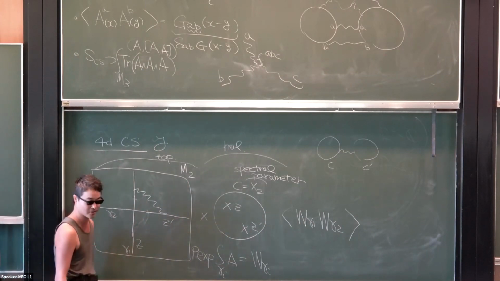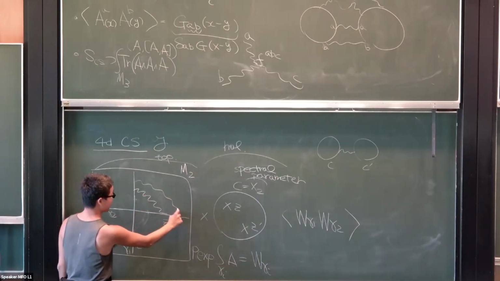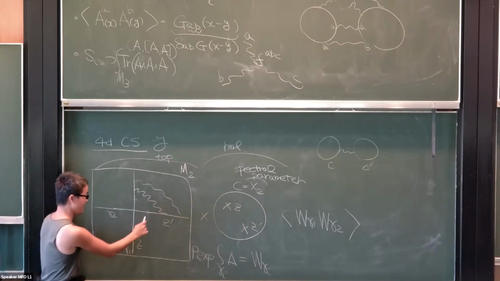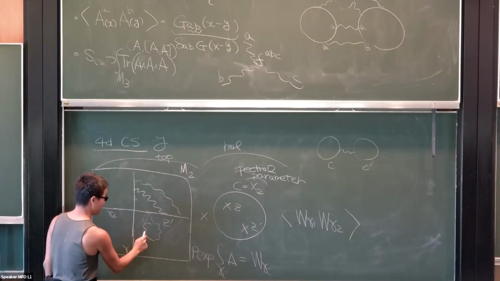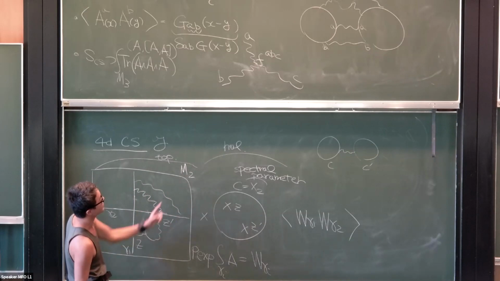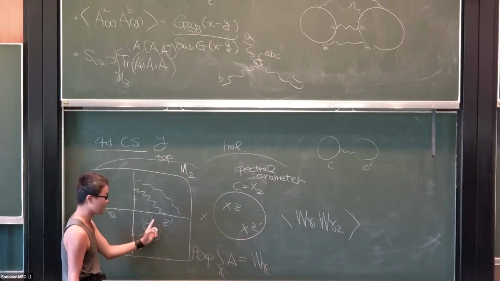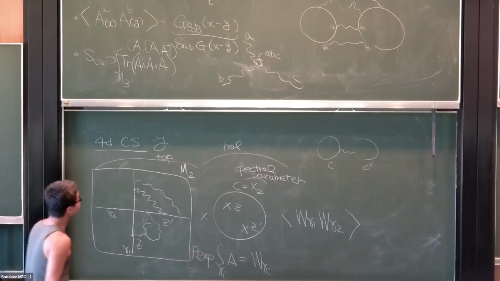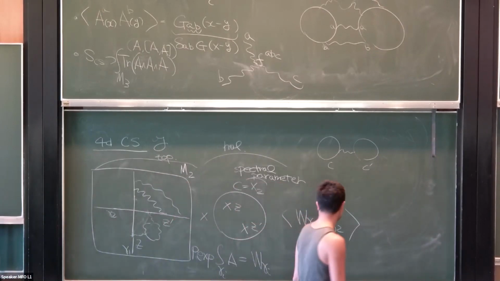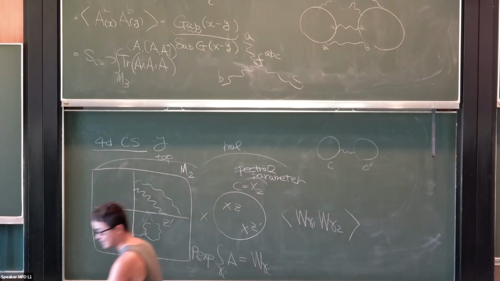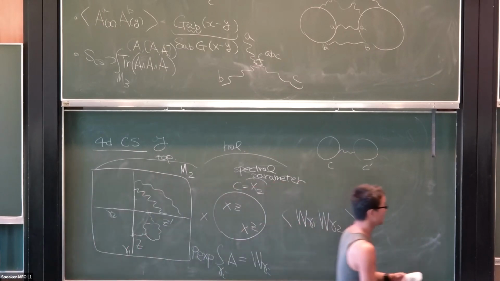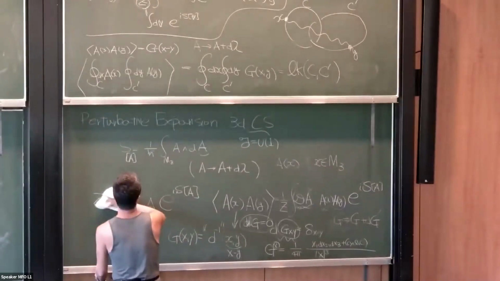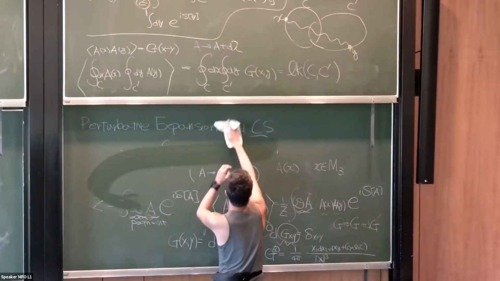Of course, there are some corrections. For example, you can take two lines here, or there is a trivalent vertex, so you can obtain more corrections, etc. But at least there is an organization, and the result is a perturbative expansion. So, a perturbative expansion for the Chern-Simons theory.